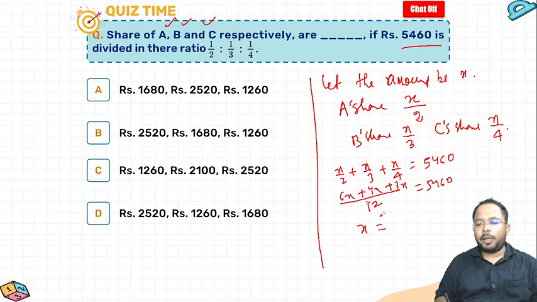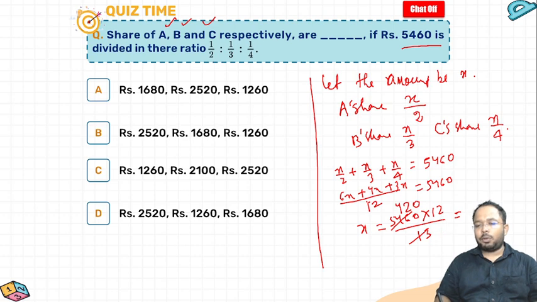So x would be 6 plus 4, 10, 10 plus 3, 13. So 5460 into 12 divided by 13. 13 4s are 52. 13 2s are 26. 0. So 42 into 12. 12 2s are 24, carry 2. 12 4s are 48, and 2 is 50. 5040. So x is 5040.